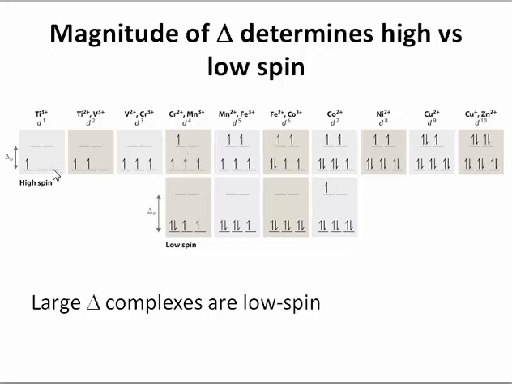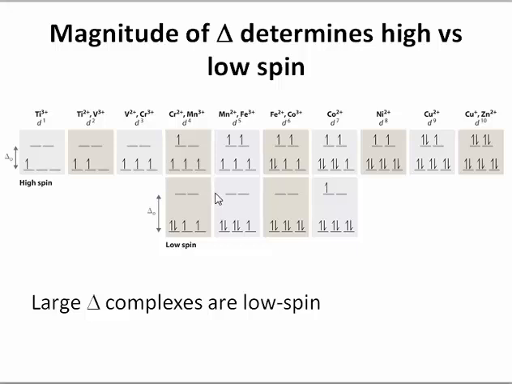There is, of course, no difference between high-spin and low-spin complexes if you have 3 d electrons, but in the event of 4 or 5 or 6 or 7 d electrons, there are different diagrams for high-spin and low-spin complexes.